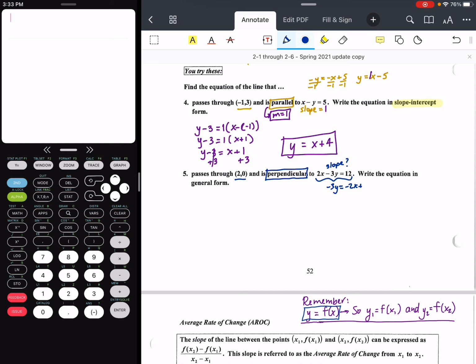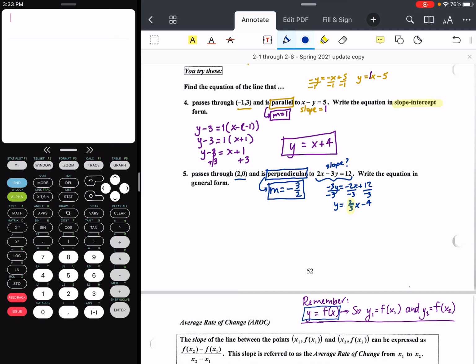I'll subtract 2x from both sides, divide all the way across by negative 3. I get y equals 2/3 x minus 4. So the slope of that line is positive 2/3. My perpendicular slope is going to be negative 3/2.